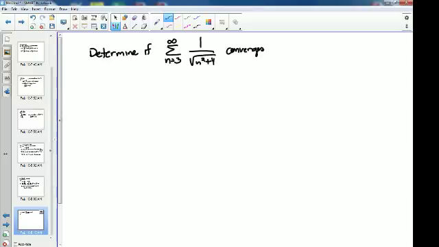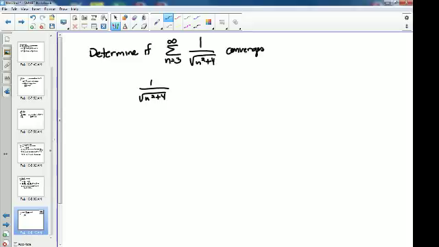What would you compare this to? Or smaller, greater than converges, or smaller than diverges. No, this is determine if it converges. It doesn't give you the answer this time. That's what we're trying to figure out.